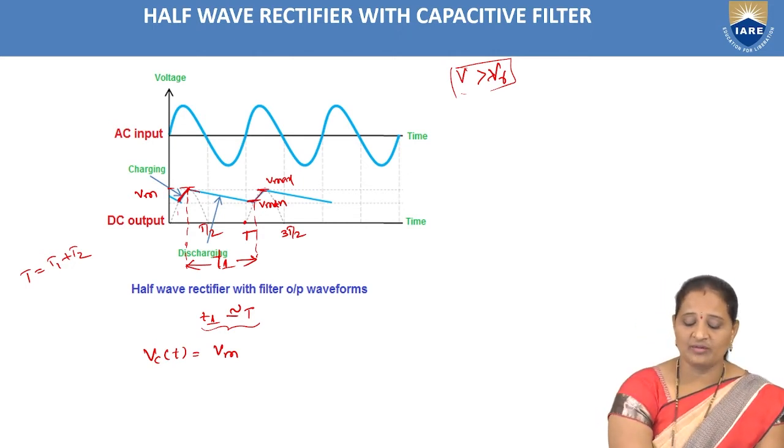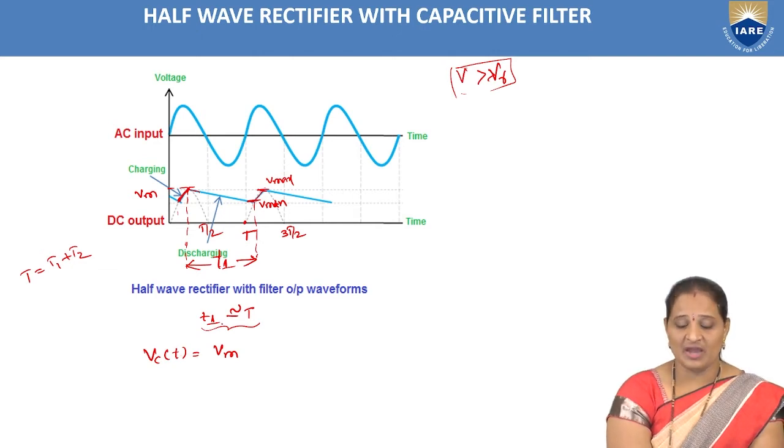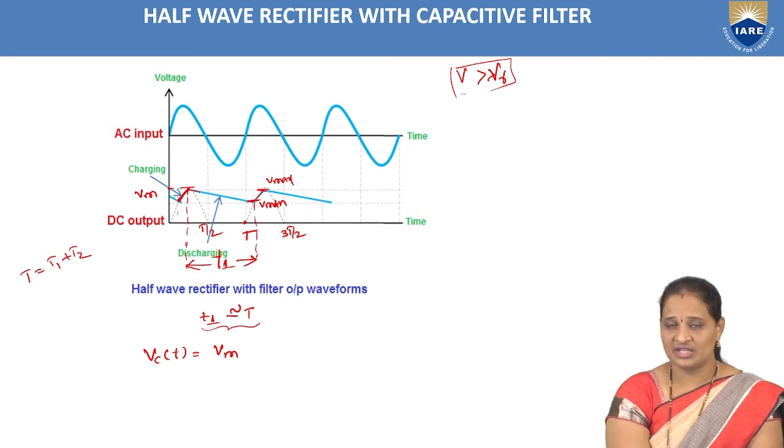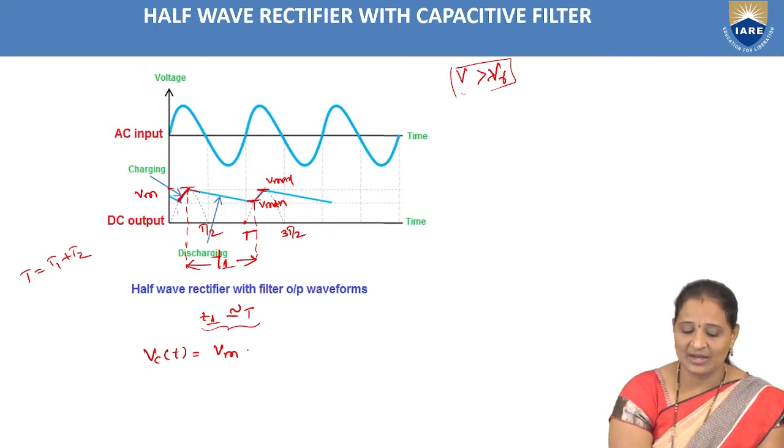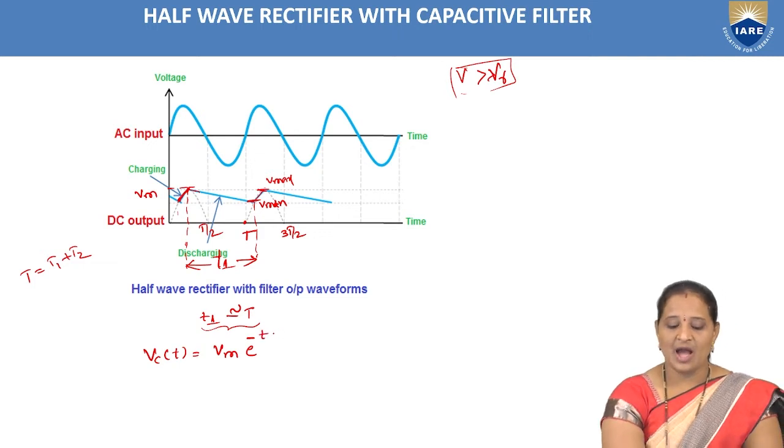For that, we consider the discharging period and represent the voltage across the capacitor during discharging as e power minus t by RC.